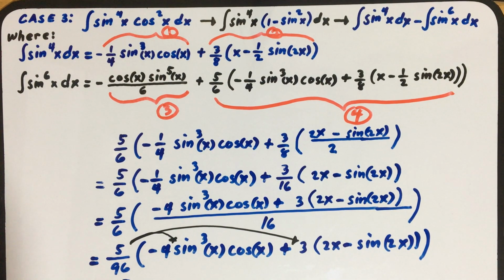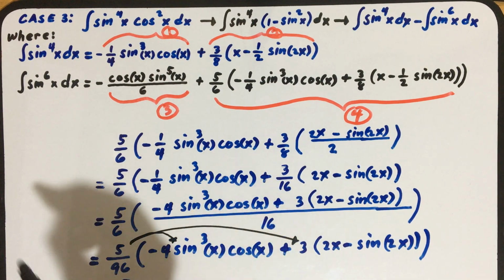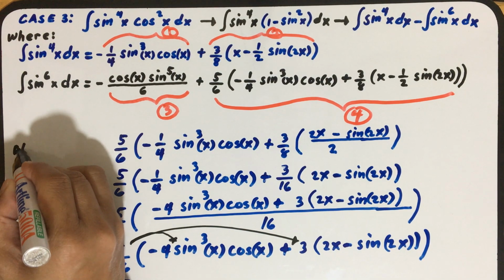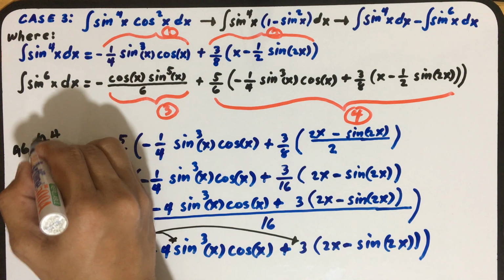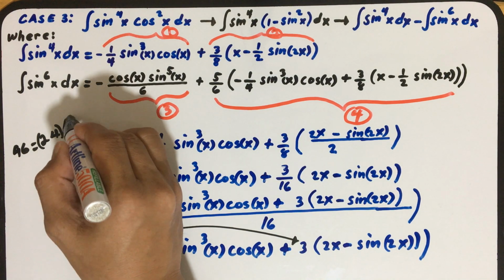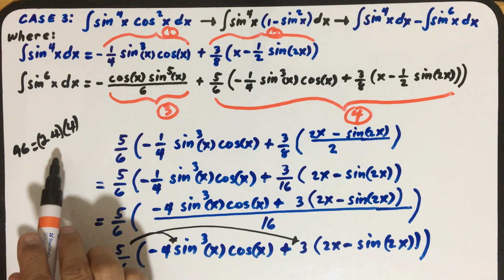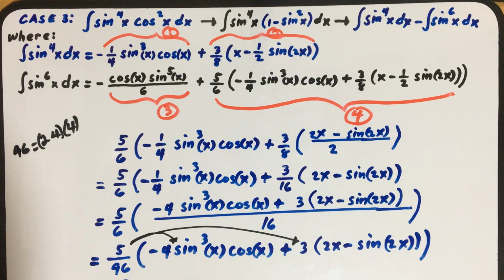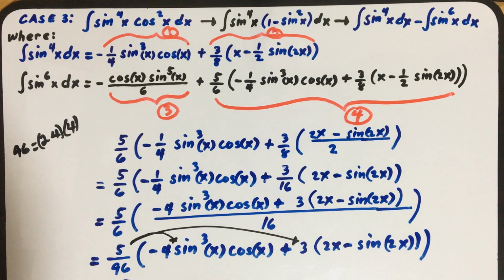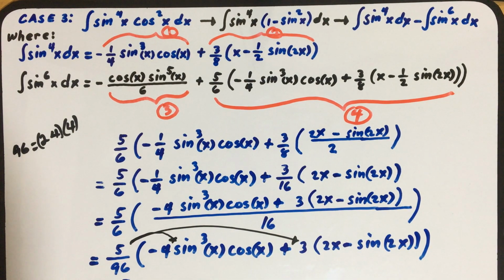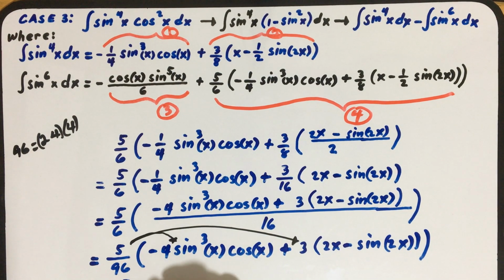Because 96, class, is just equivalent to 24 times 4. So you have 4 at the numerator, 4 at the denominator. So 4 divided by 4 is 1. So what is left is 24. So that's why you have 24 here. So 24 sine cube x, then cosine x.